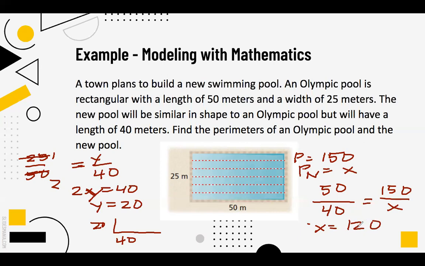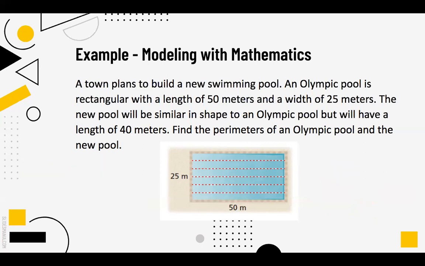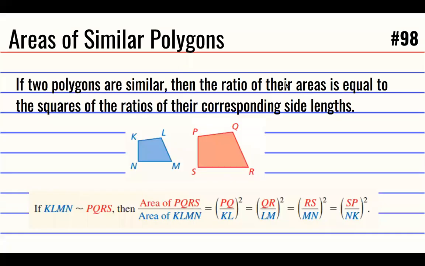Questions? All right, almost done. Now we've got to look at area real quick. And that will be it. All right, so your card number 98 says if two polygons are similar, then the ratio of the areas is equal to the square of the ratio of the corresponding sides.